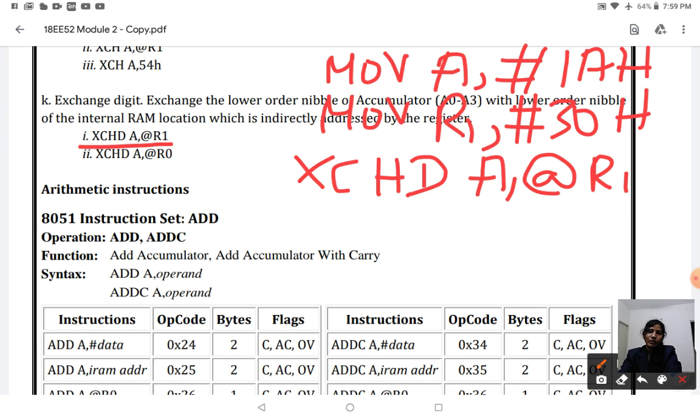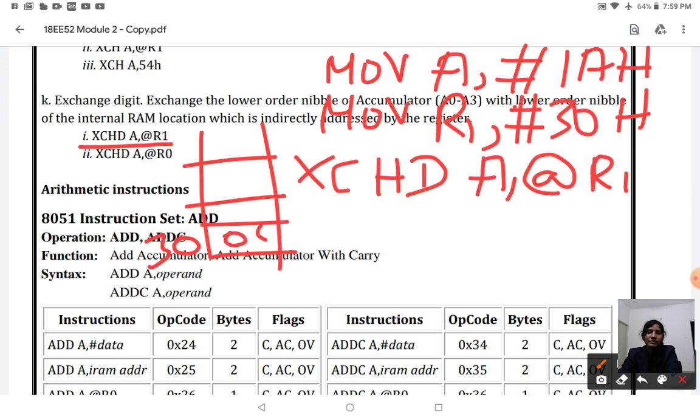Now I will draw one memory location. In this memory location, at 30H I am having the data 05. Now XCHD, what does it do?